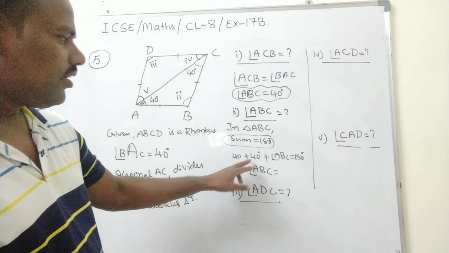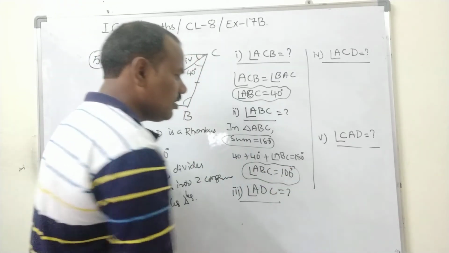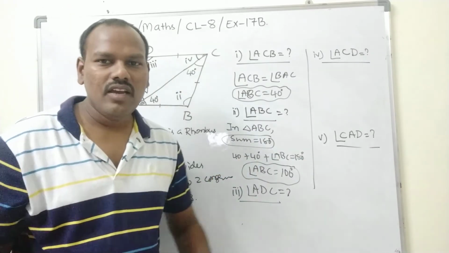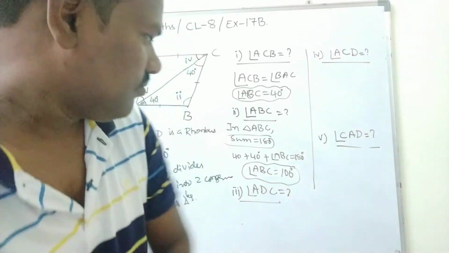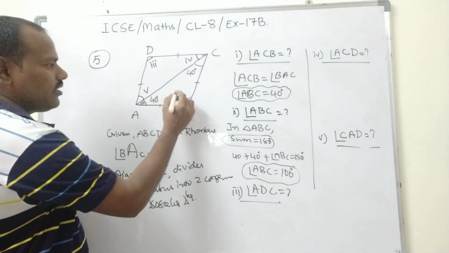Add 40 plus 40, 80. Transpose 80 to the right side and subtract, you will get 180 minus 80 equal to 100. So angle ABC is 100 degrees. Second one also I completed.